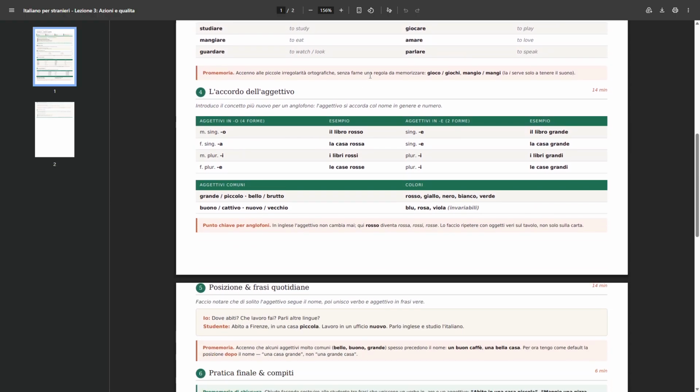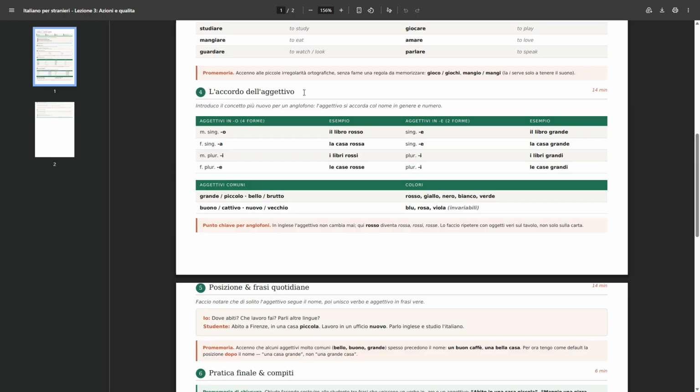And then here we have something else that is not correlated to the verbs. It says l'accordo dell'aggettivo, so the adjective needs to agree. Agree with what? It needs to agree with the gender and number of the noun.